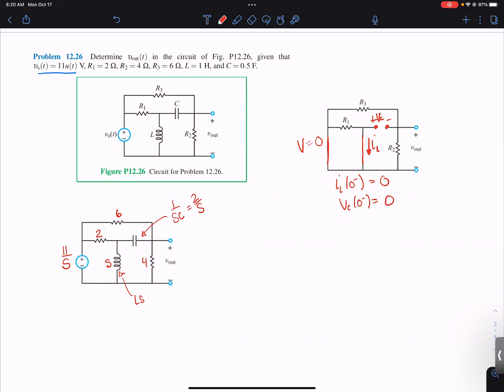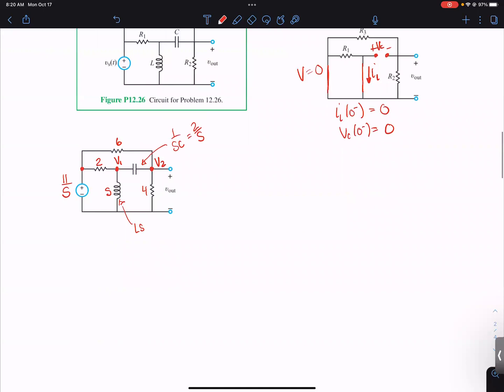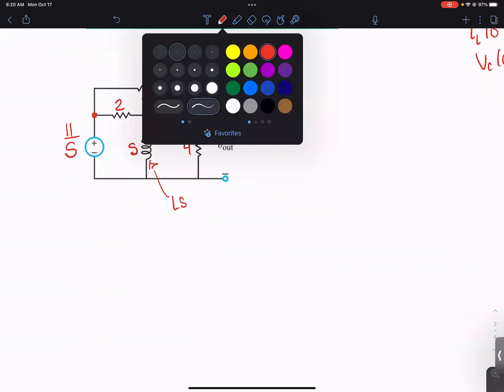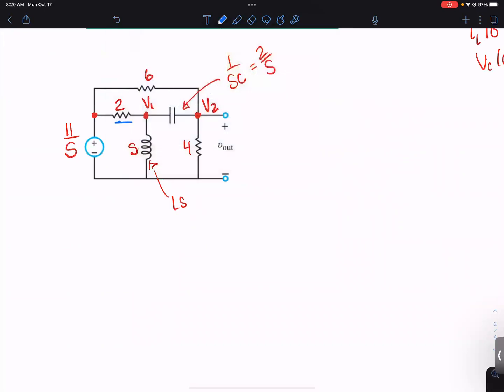So now we're going to solve this circuit. I'm going to label this V1 and this V2. So you guys know I kind of like node voltage, so I'm going to use node voltage here. So I'm going to describe these 3 currents.